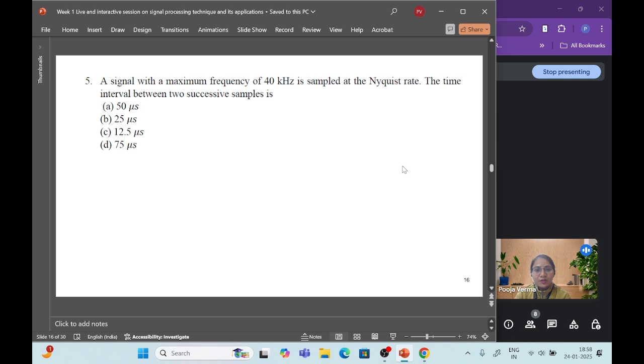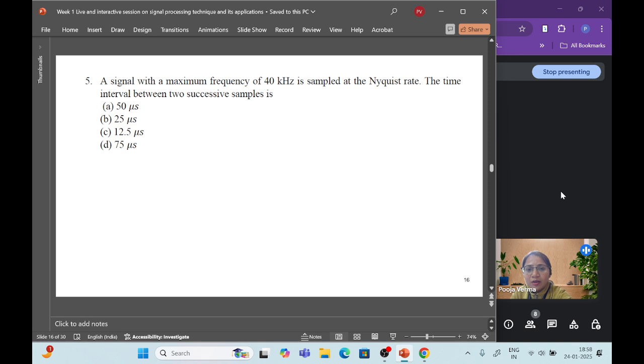What will be the time interval between two successive samples? This is a very easy question, just based on the Nyquist rate. So try to solve it or answer in the chat box.